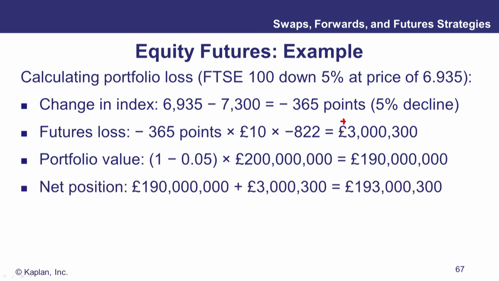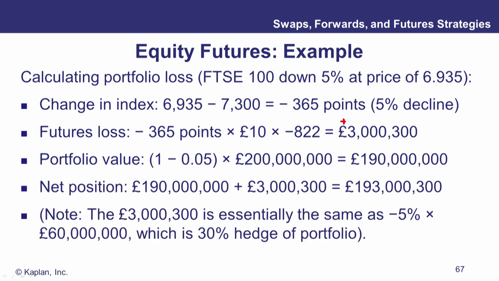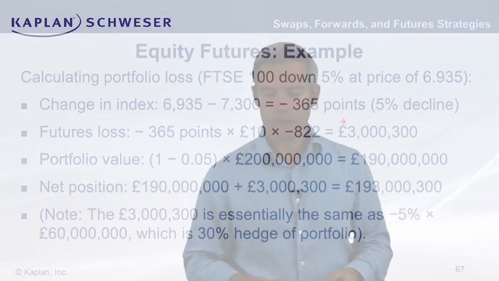We're losing 10 million on our portfolio now, giving a net position of just over 193 overall. So yes, once again, we've removed our exposure. We've removed 30% of our exposure. You might notice that the hedge is being effective. Instead of moving 5% in line with the market, we're moving by about 3.5%, okay, which is about 70% of the exposure, which is what we wanted.